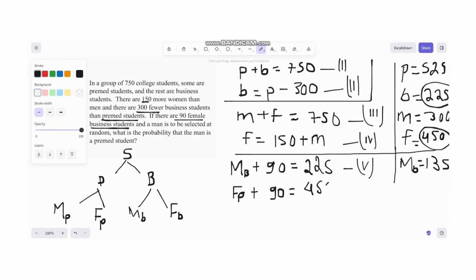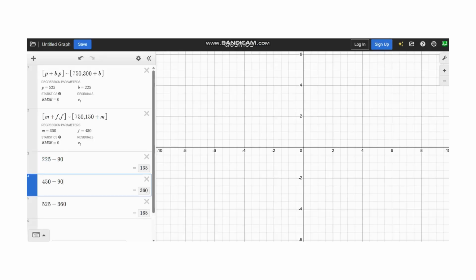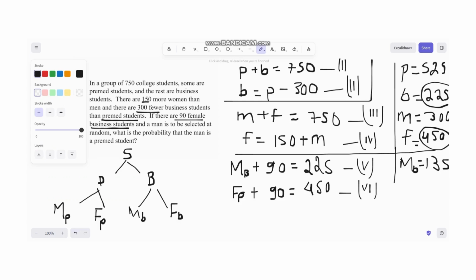So total female population of prim students plus total female population of business students, that will equal 450. This is equation 6. On solving it, you'll get 360. That means our female prim students, the number is 360.